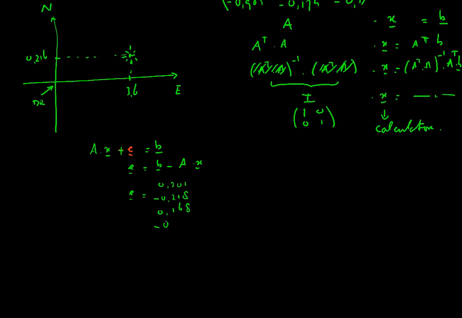If I want to know the error, make it in green, I take the B vector minus AX, and the X is the thing I just calculated, because that's the position difference.